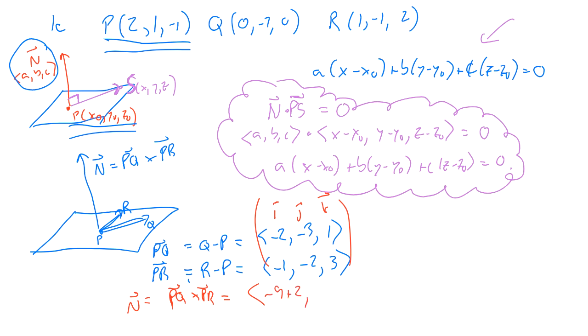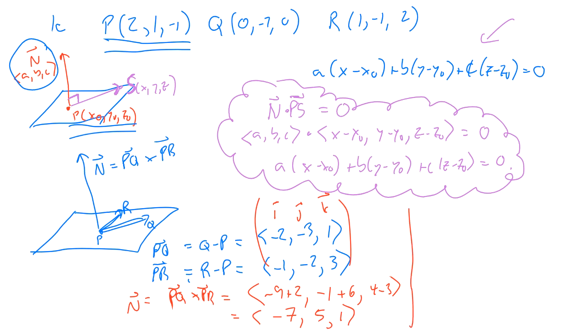In my second component, I have -1 plus 6. And in the third component, I have 4 minus 3. So I appear to be getting -7, +5, and +1.